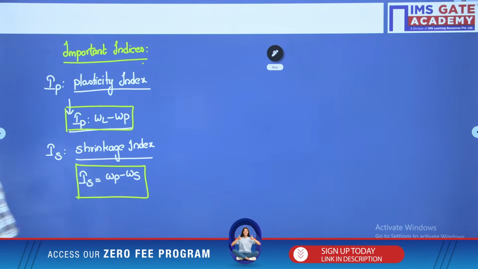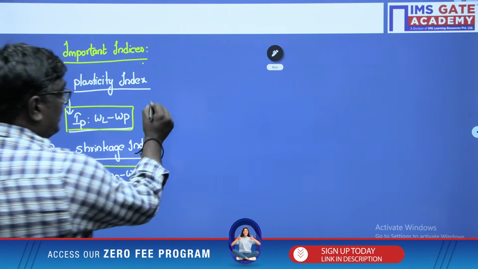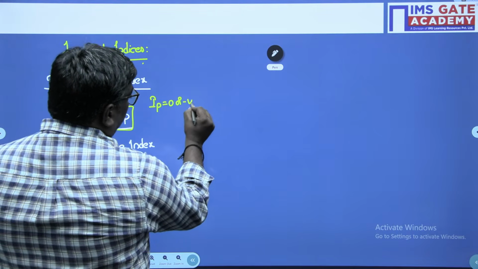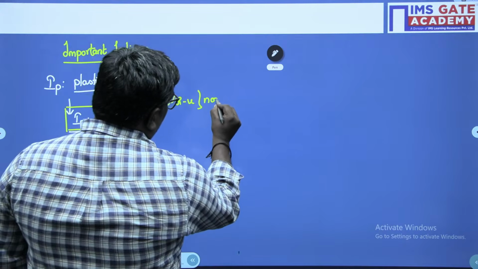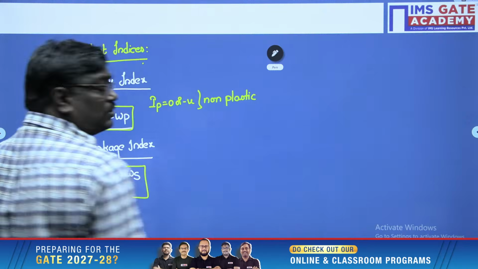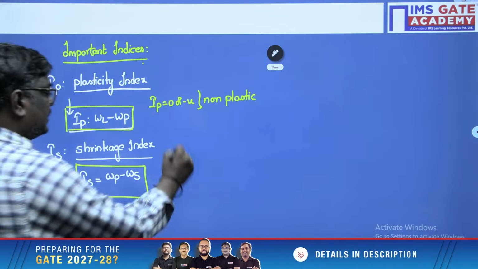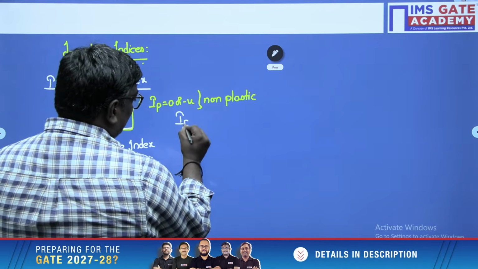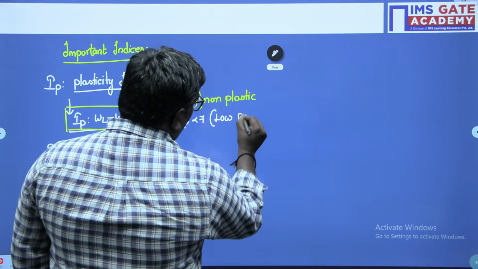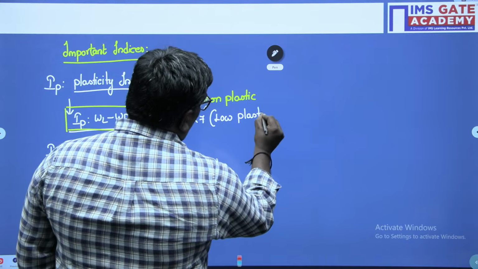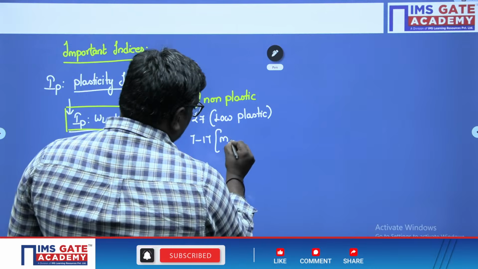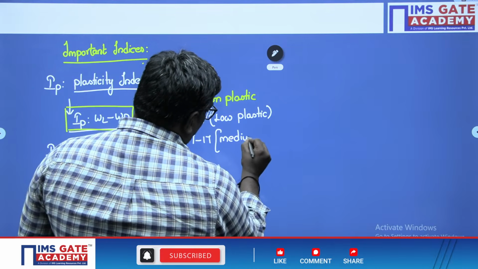Now, my dear students, when IP is equal to 0 or negative, we take the soil as non-plastic. When IP is less than 7, we call it low plastic soil. When IP is between 7 and 17, we take it as medium plastic soil.